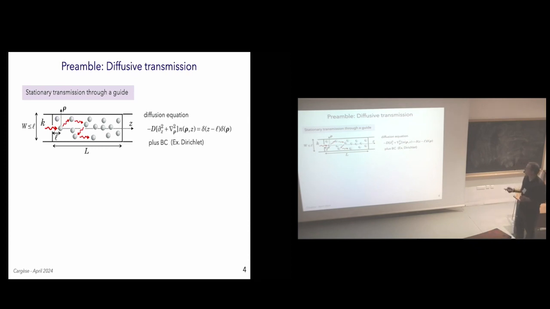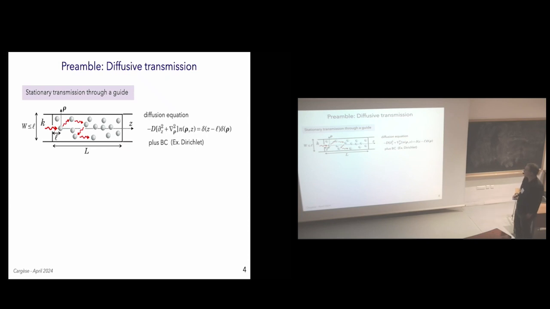But obviously, this geometry is also extremely popular in your community, where you have a sample you want to characterize, the sample is possibly disordered, and then you have no choice but sending a wave through the sample and looking at reflection or transmission. So this is what is relevant here. We would like to compute the transmission coefficient of a certain disordered region of space of length L and diameter W for a given quantum particle with momentum k.